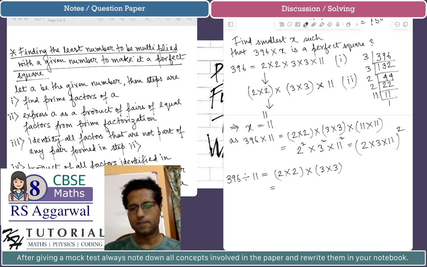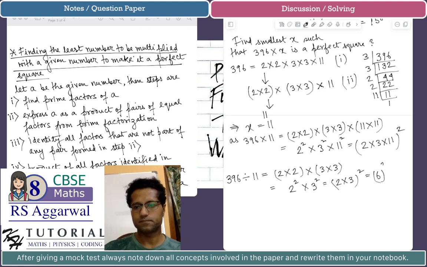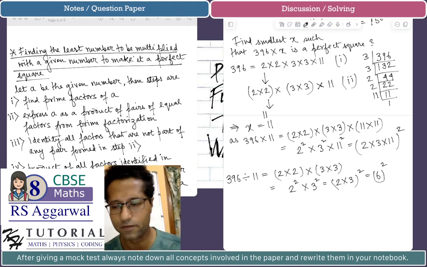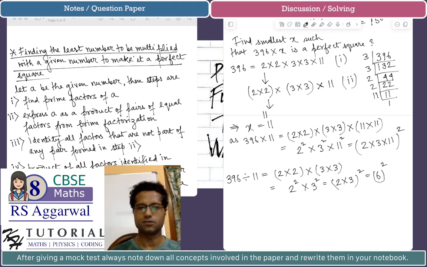So clearly this also holds a perfect square, as this is 2 square into 3 square, and this is equal to 2 into 3 square, this is equal to 6 square. So 396 divided by 11 will be 36, which is a perfect square.